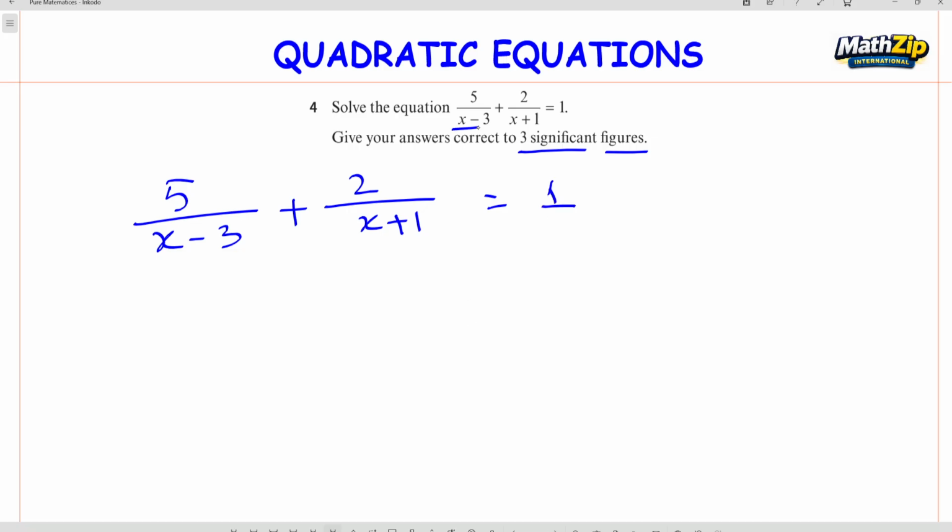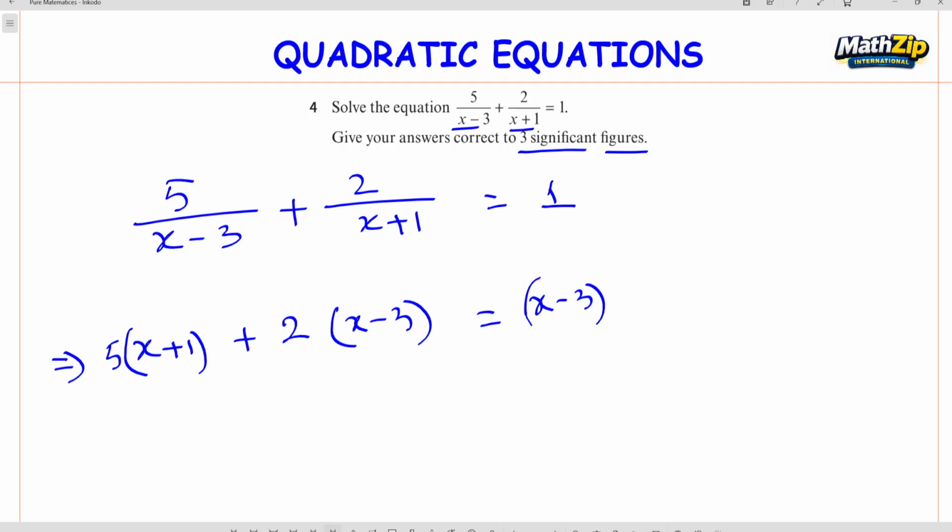So here the common denominator is x minus 3 and x plus 1. Once we multiply through, we will get x plus 1 times 5 plus 2 times x minus 3 equals 1 times x minus 3 times x plus 1, right?